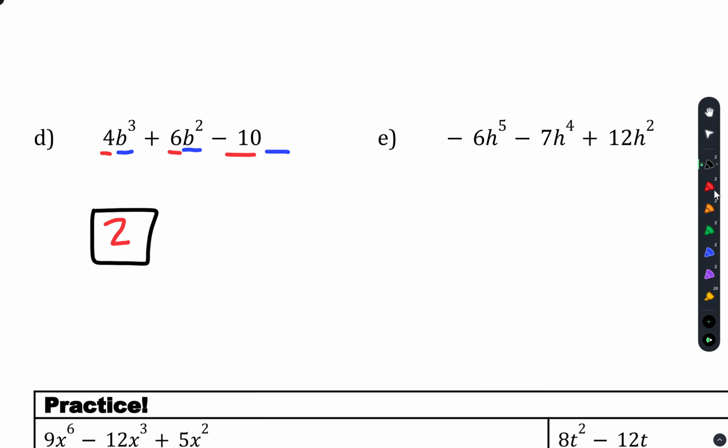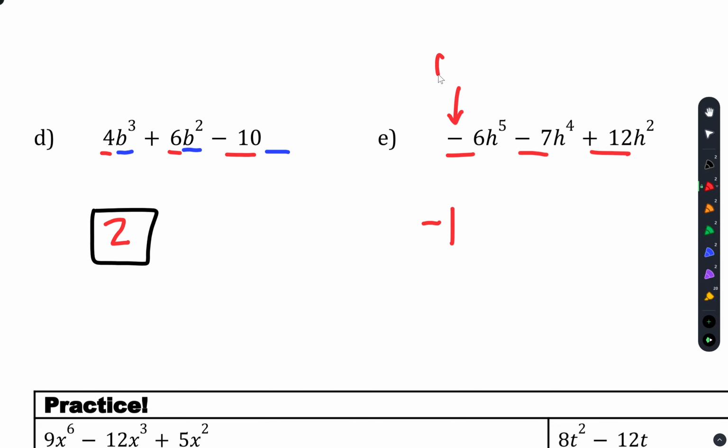What about letter E? What's the GCF of these coefficients? -1. Why is it negative? Because that first term is negative.